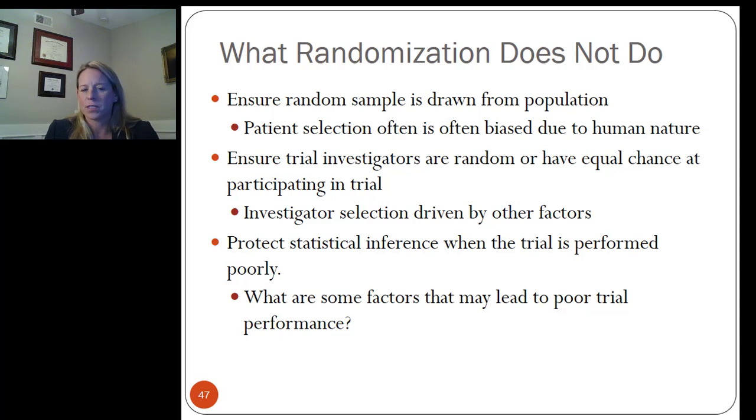Similarly, randomization does not protect us against which researchers or clinical centers choose to participate in a clinical trial compared to others. And then thirdly, if the trial is not performed well or wasn't designed appropriately, randomization will not ensure that our statistical testing approaches are appropriately performed.